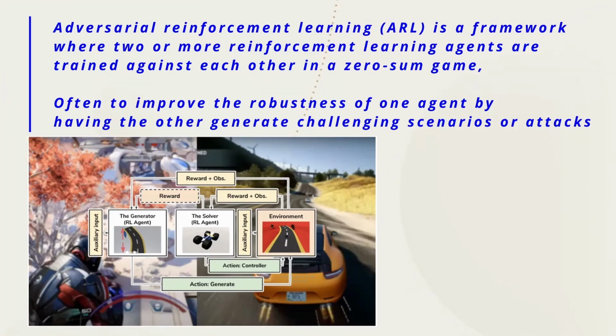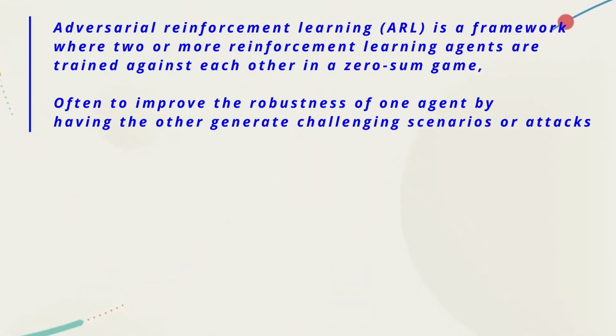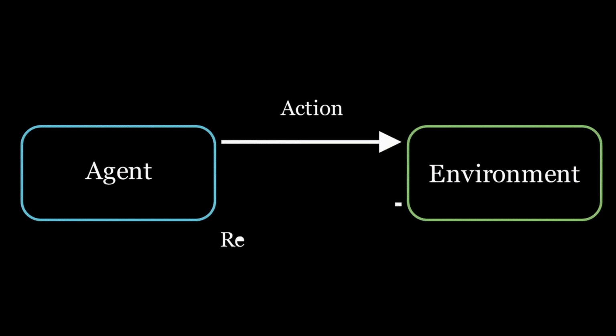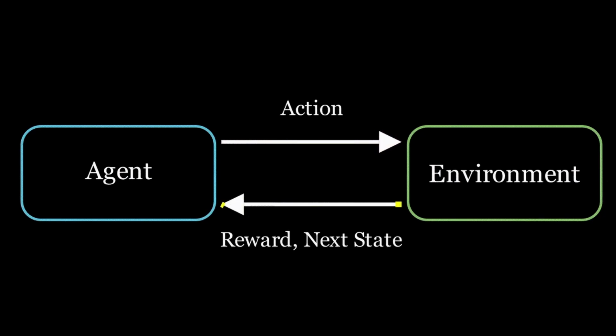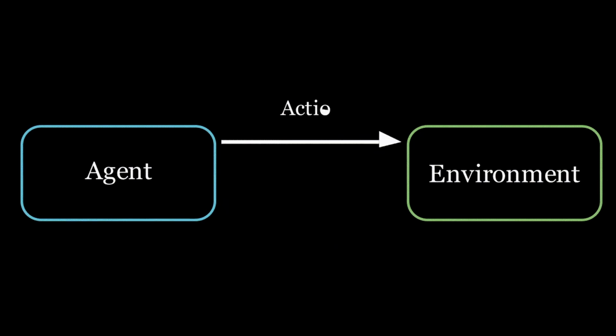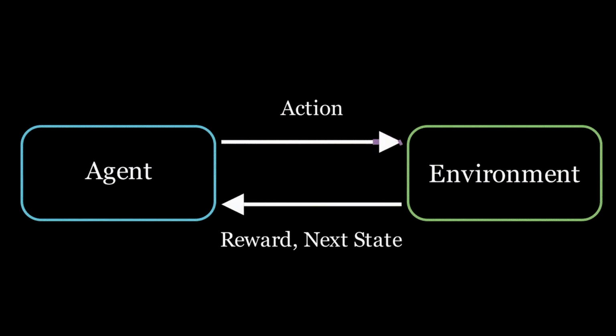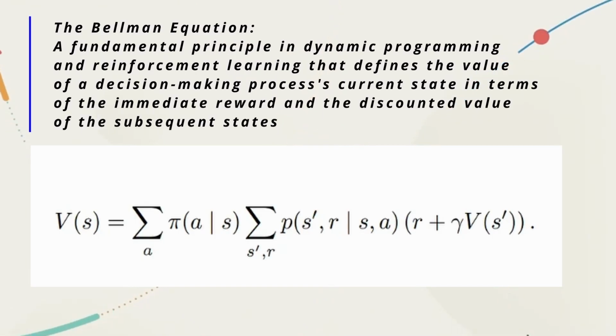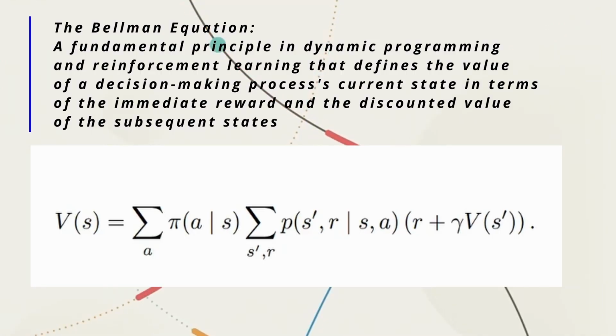So building on that policy idea, if a reward is like a single paycheck you get right now, then the value function sounds like it's more about the long game, like a financial forecast for the next decade, the total expected reward down the line. That's a great way to put it. It's this forward-looking perspective. It's often formalized by something called the Bellman equation, which is the backbone of many RL algorithms. Why is it so central?